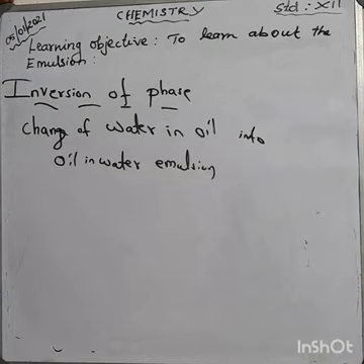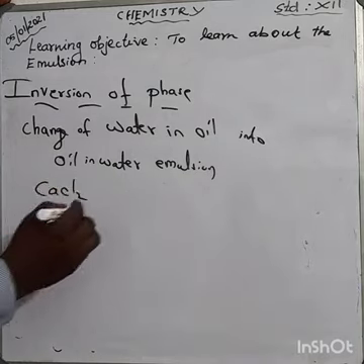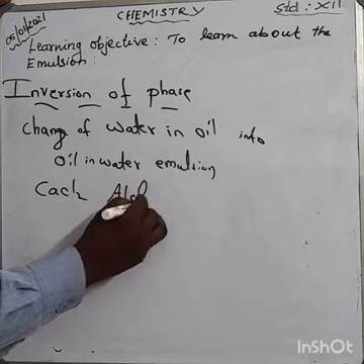Okay, here we are using agents called calcium chloride and also aluminum chloride. We are using calcium chloride as one of the emulsifiers. What is the formula for calcium chloride? CaCl2, calcium chloride, and also aluminum chloride, AlCl3.